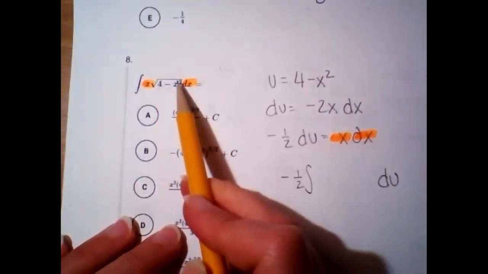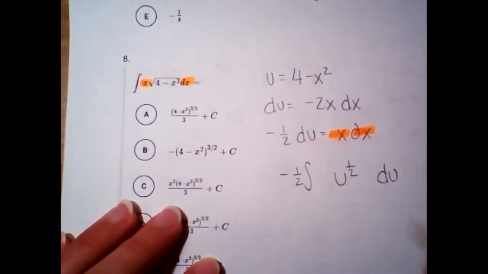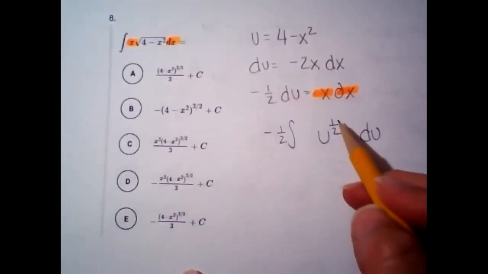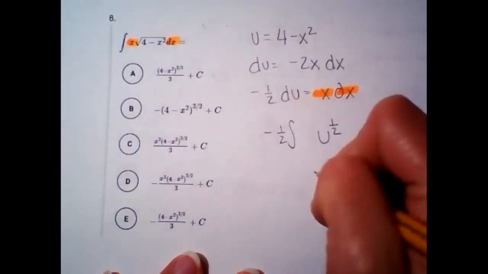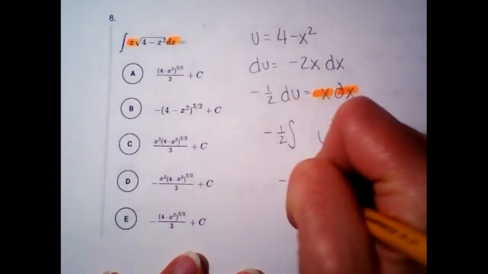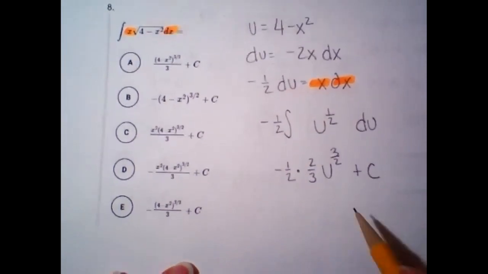And what's still there is the square root of u, which I will write as u to the 1/2. And then for the antiderivative, we'll add 1 to the power. That means I need a 2/3 out front, but there's a negative 1/2 there, so don't forget that, plus c.